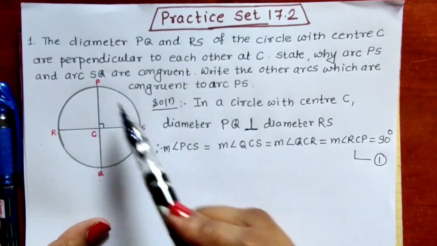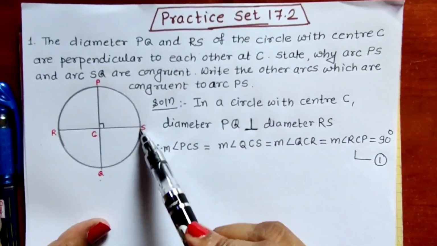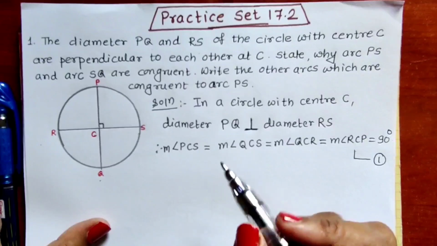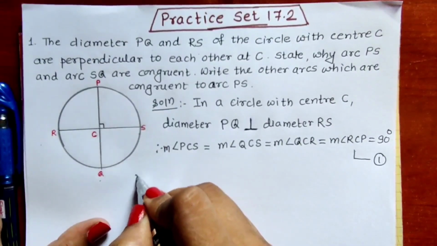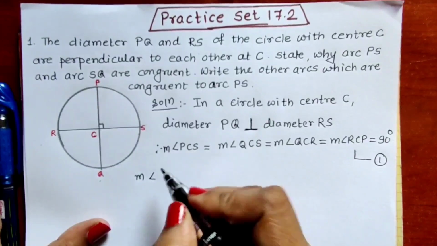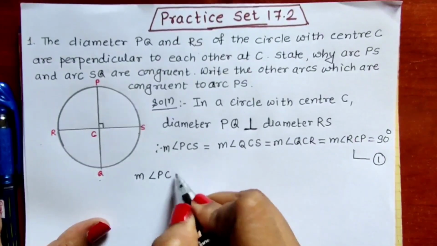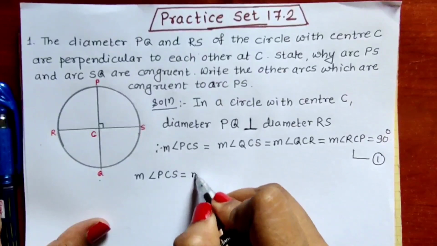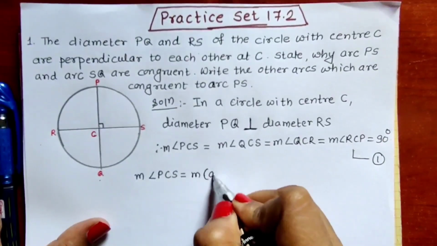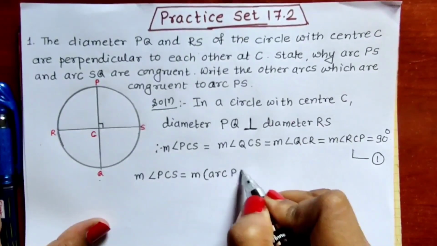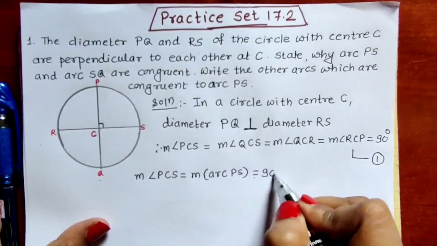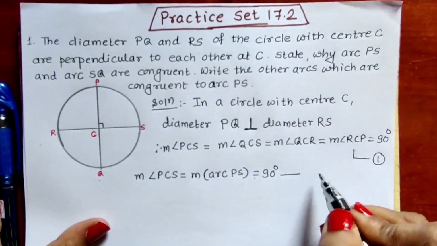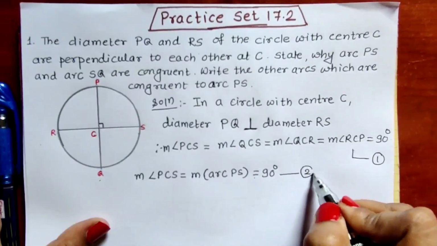So I will be writing measure of angle PCS is equal to measure of arc PS, and both will be equal to 90 degrees. This is my second equation.